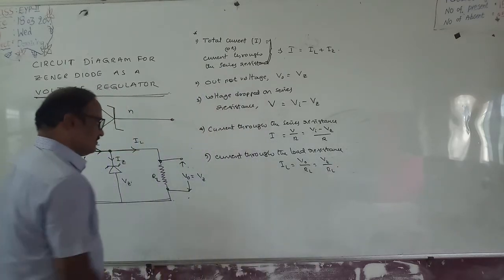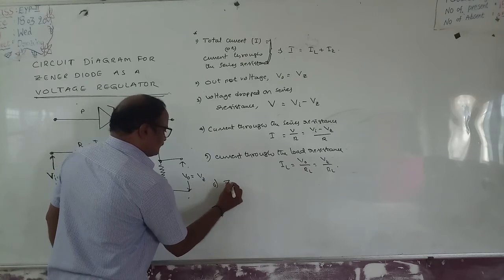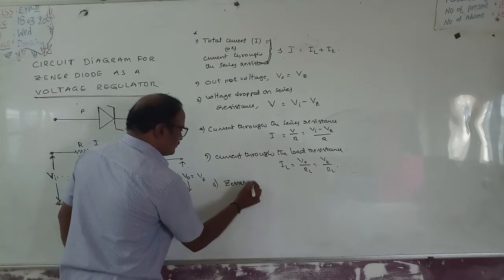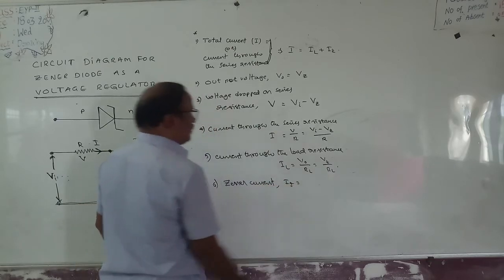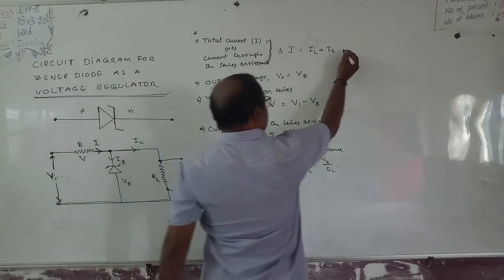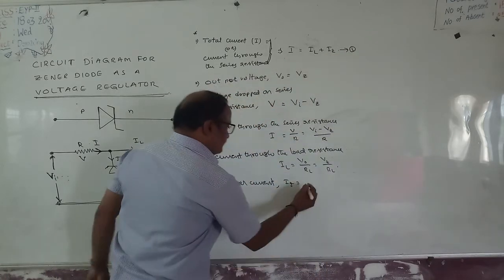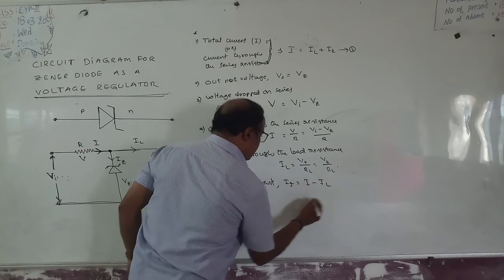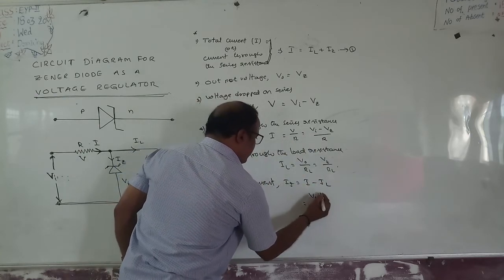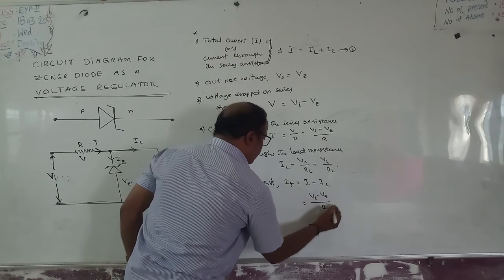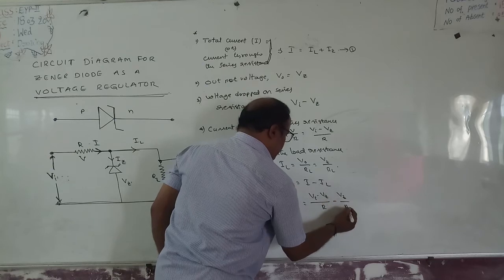Sixth one: current through the Zener. From equation 1, the Zener current Iz is equal to I minus IL. What is I? I is equal to Vi minus Vz by R, and IL is equal to Vz by RL.